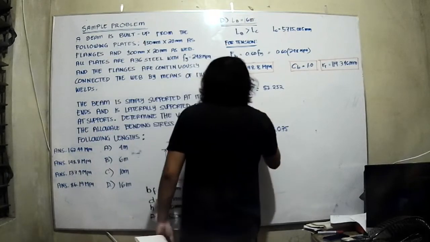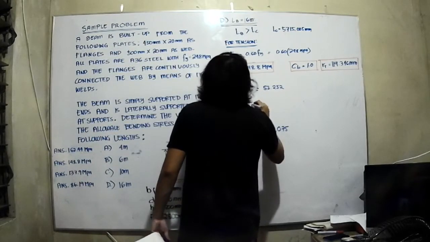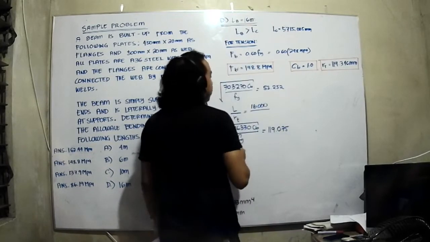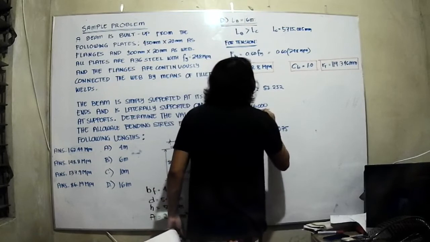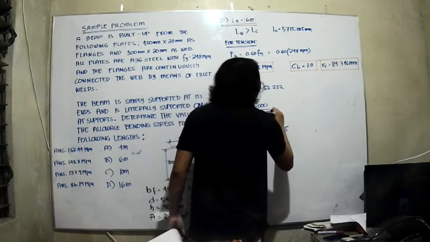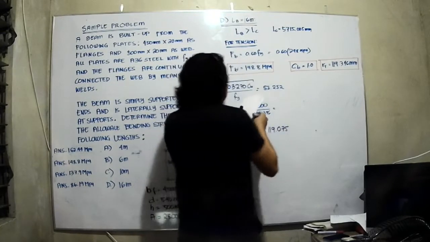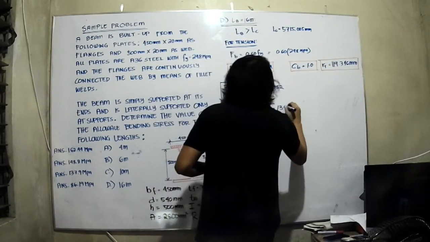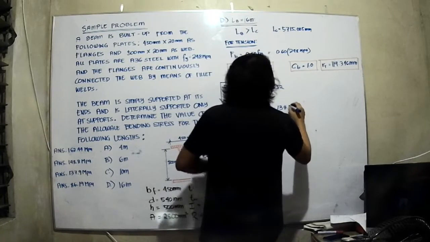Now, this one is quite different. We have 16,000 millimeters divided by RT, which is equal to 119,346. And that should be equal to 134.064.